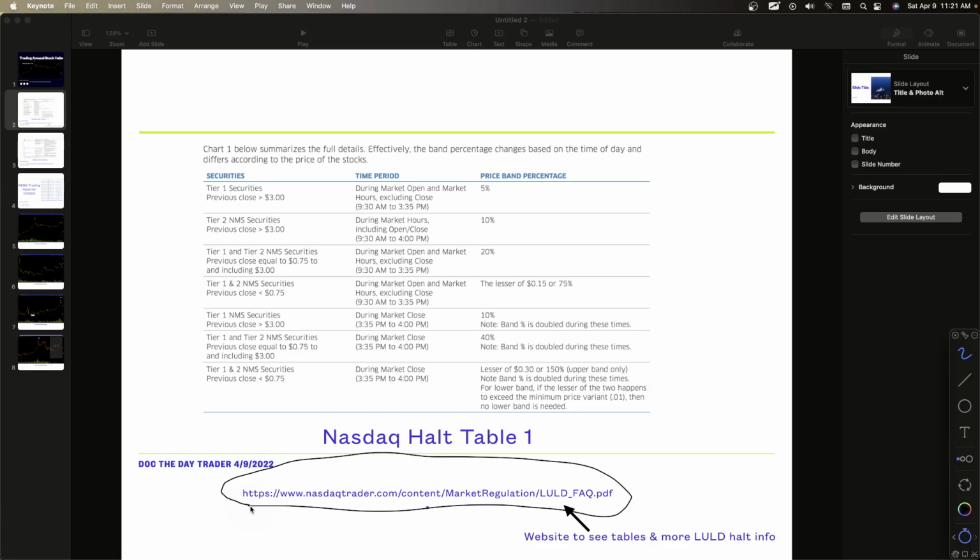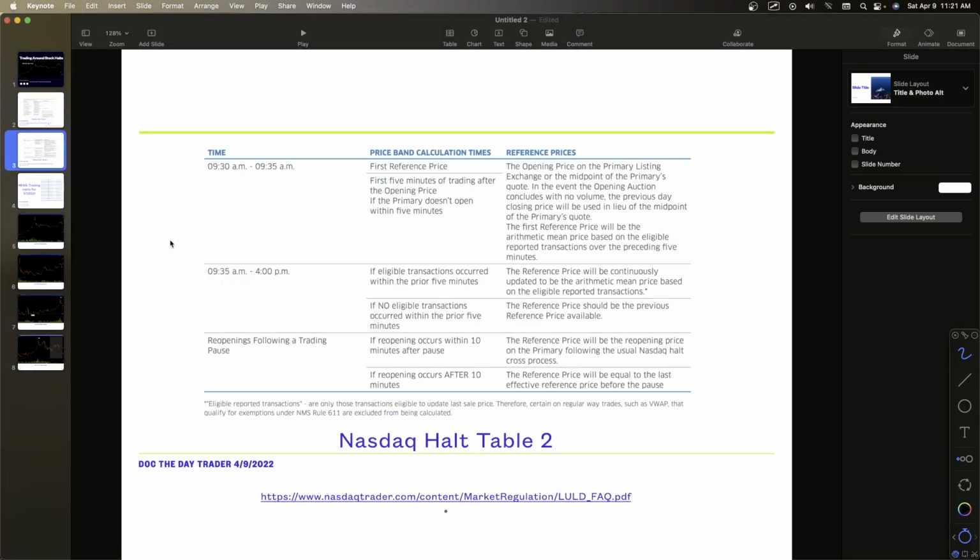It's basically frequently asked questions, but it has some good info. Here's one of the NASDAQ tables where you can see what the limitations are. I'm not going to go over all of that. Y'all can go to that website and check it out. Here is another table. Once again, from 9:30 to 9:35, you have this particular one.